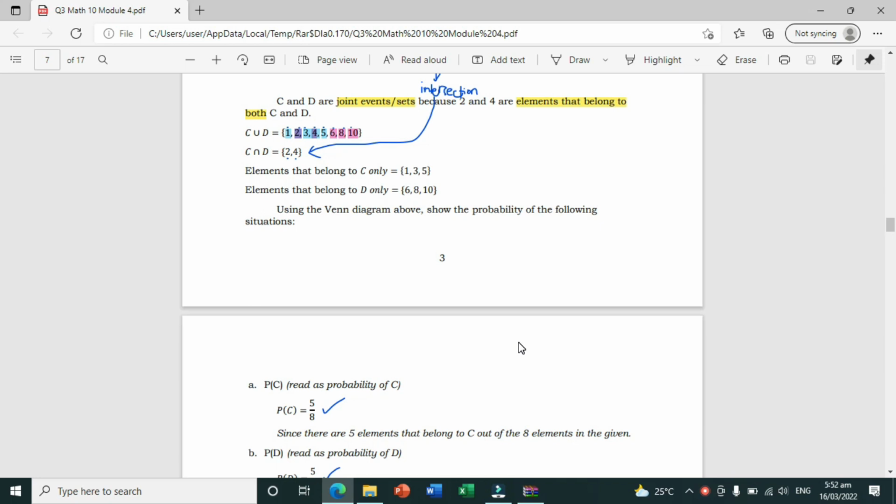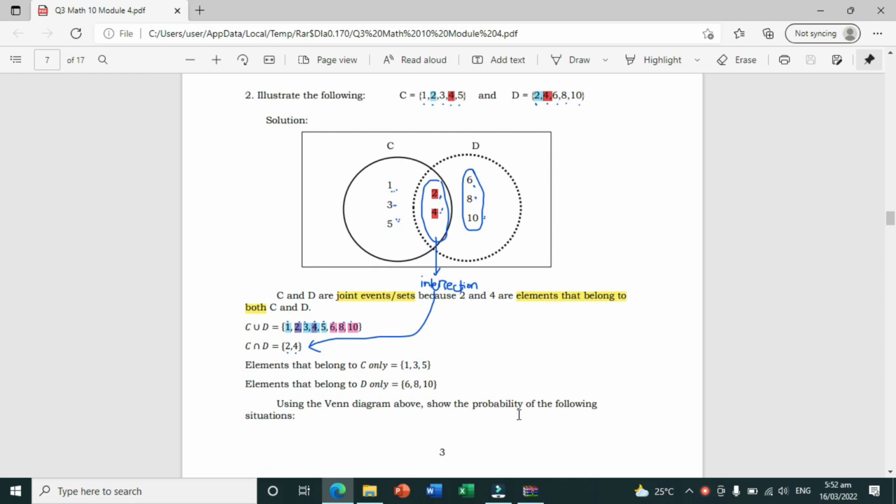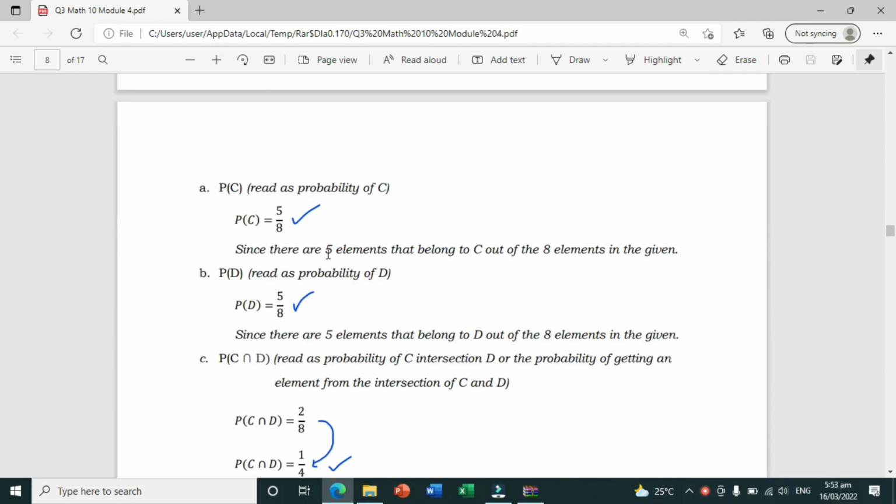Using the Venn diagram above, show the probability of the following. So, letter A. The probability of C is equal to 5 over 8, since there are 5 elements that belong to C out of the 8 elements in the given.